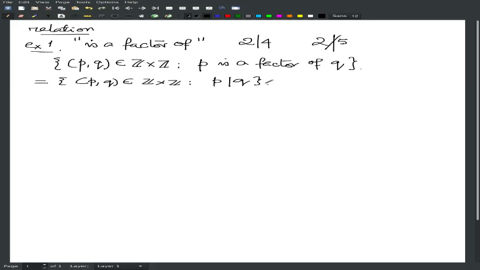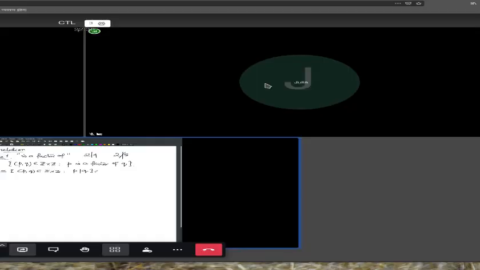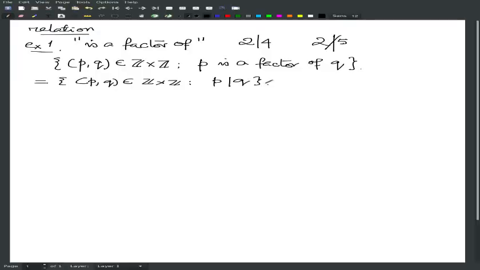So collecting these pairs, you see, as we said, a set is actually another name of a property. So this set, therefore, is actually the name of the property "is a factor of".